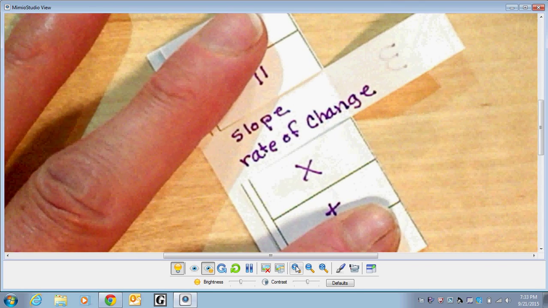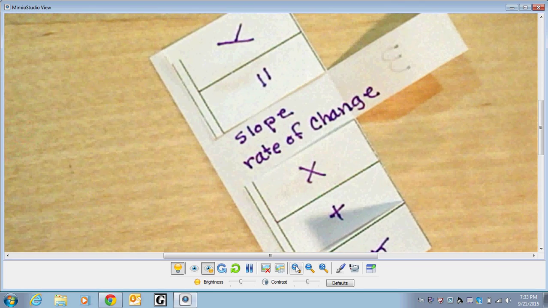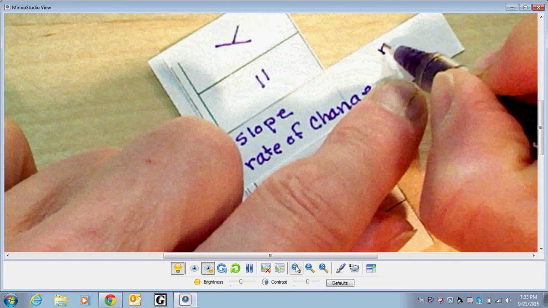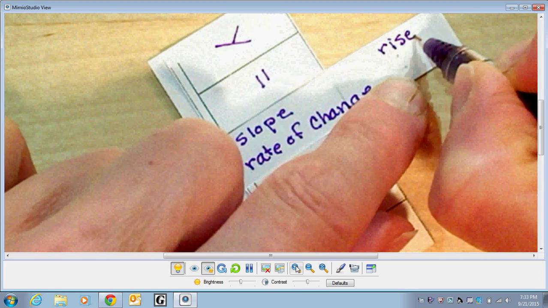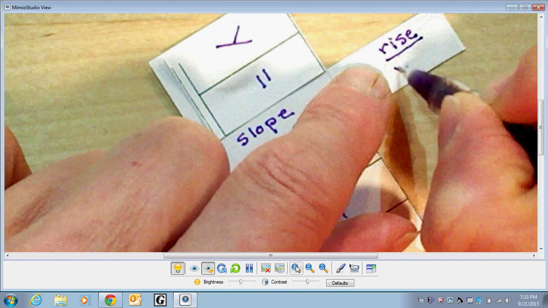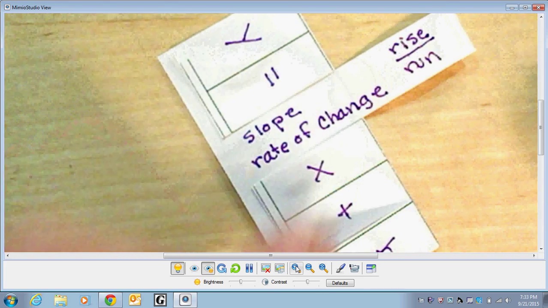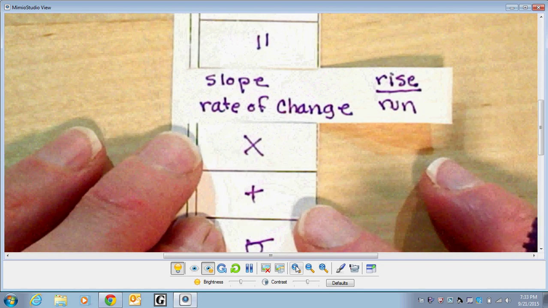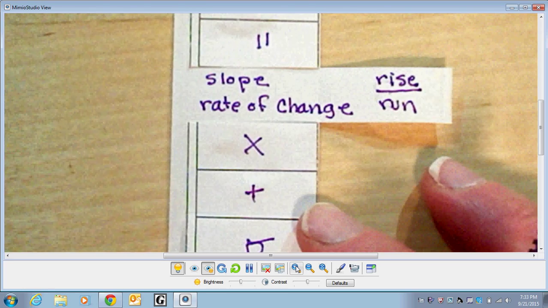Okay? So we also know rate of change is rise over run. So we're going to write rise over run. There are many more things we could say about slope. But for right now, on that little slip, that's what we're going to write.